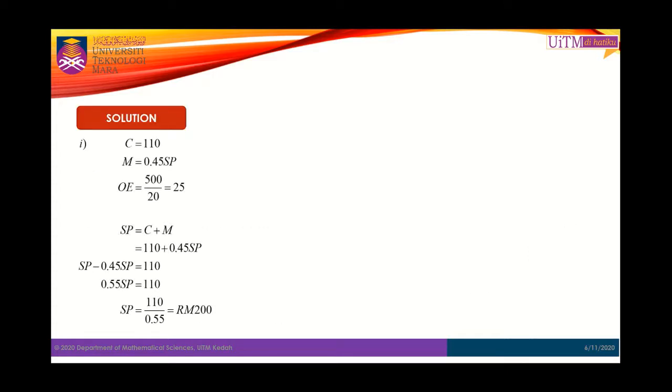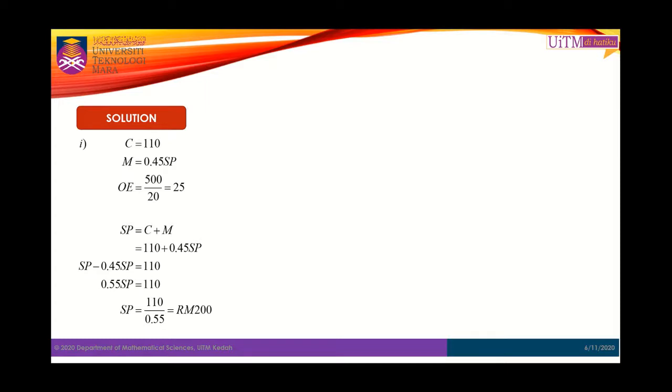The first one asks you to find the selling price, and the first thing that you are given in the question is that the cost is 110 ringgit. This is for a unit, and the markup or the gross profit is given by the percentage 0.45, or 45%, of the selling price. We replace the selling price with the symbol SP.